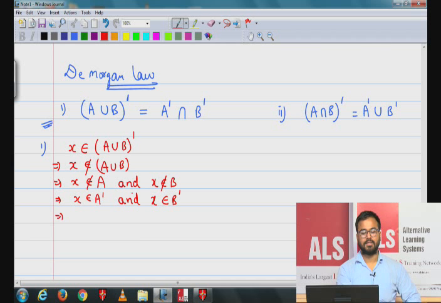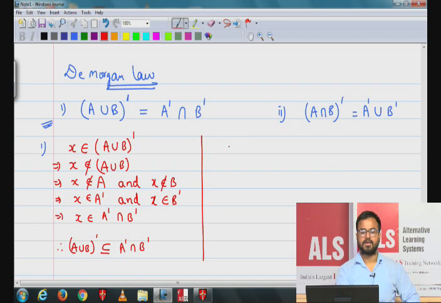Now there is an "and" written in between, so x belongs to A dash intersection B dash. Therefore we can say A union B complement is a subset of A dash intersection B dash.